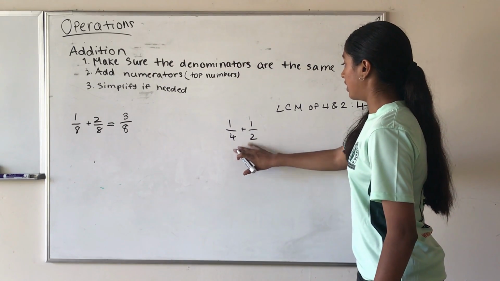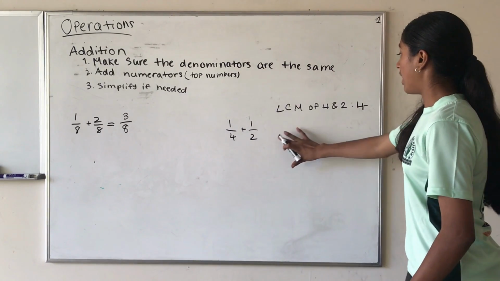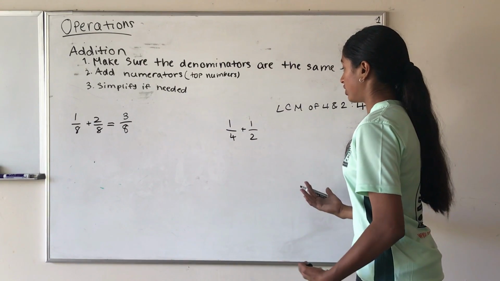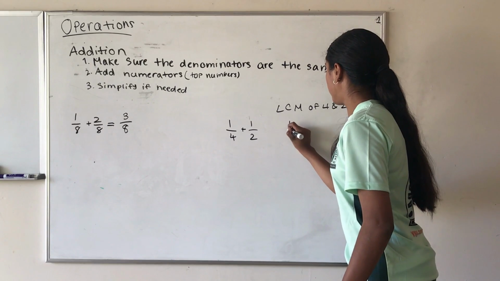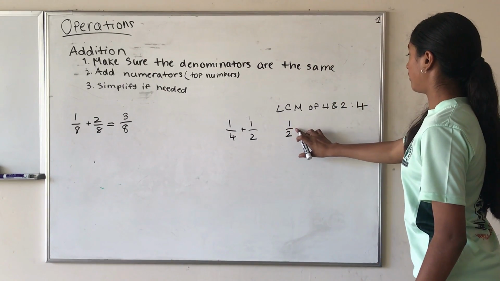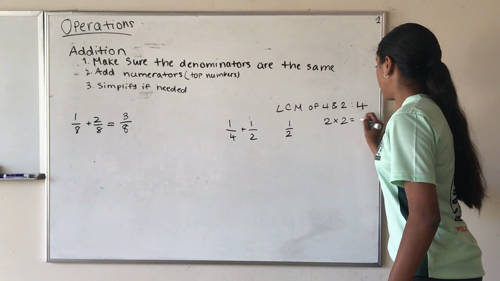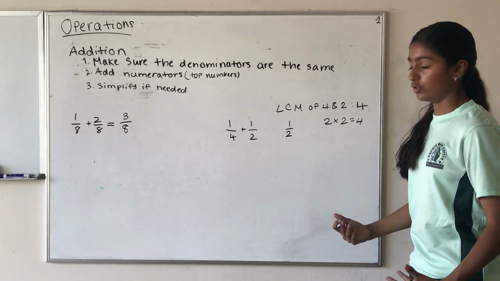So you need to multiply the numerator and denominator of the fractions so that you have a denominator of 4. 1 over 4 already has a denominator of 4, so we don't need to do anything to it. 1 over 2 has to be multiplied. So 2 times 2 equals 4. So we need to multiply the numerator and denominator of 1 over 2 by 2.